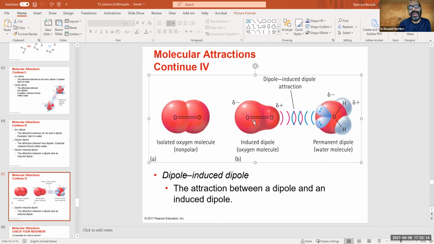And then the oxygen molecule rearranges itself so that one positive charge moves in here closer to compensate, but then the negative will move to the opposite side to retain the zero net charge. So now water has attracted and glued itself to the oxygen molecule that does not have any polarity.